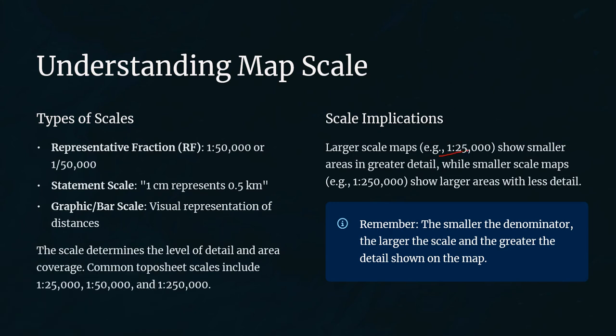And 1 is to 250,000, so the large area. Large area means you have less detailed information, right? Remember, the smaller the denominator, the larger the scale, and the greater denominator shows a smaller map.